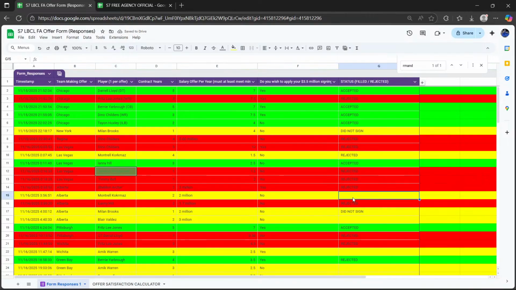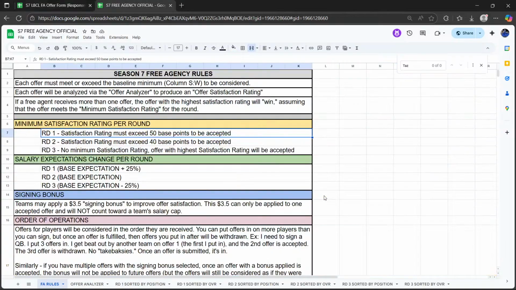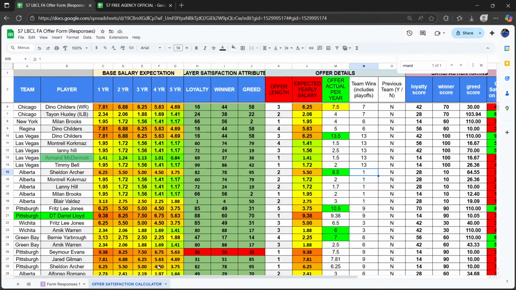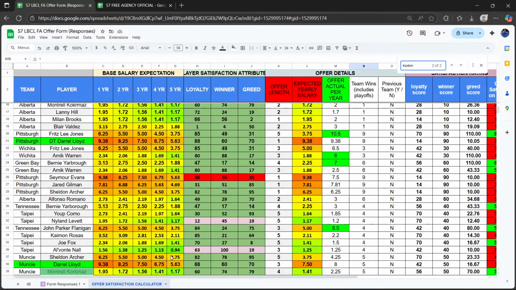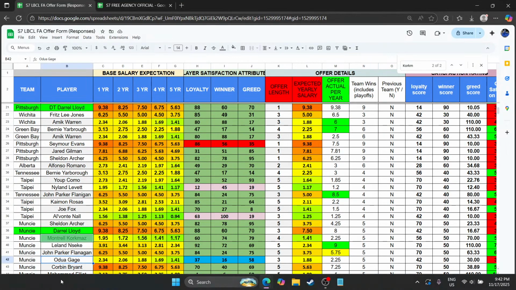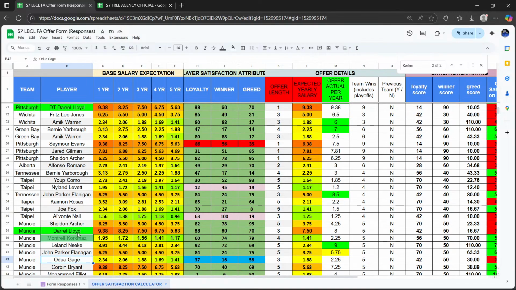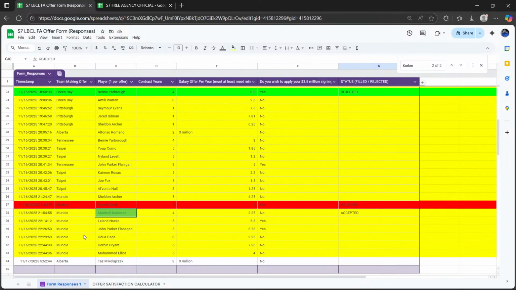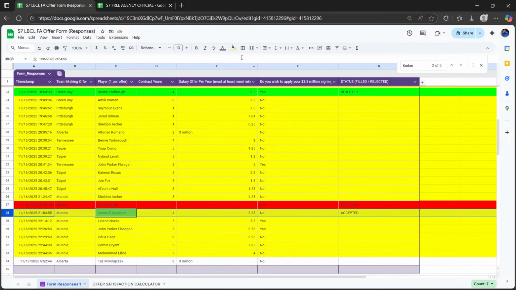This Korkmaz I think was rejected. Yeah, what happened to Korkmaz? No, Korkmaz went to Muncie. Yeah, down here.